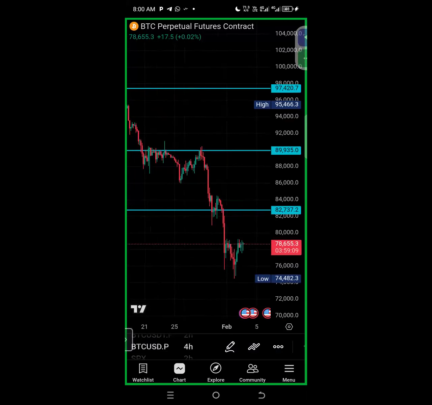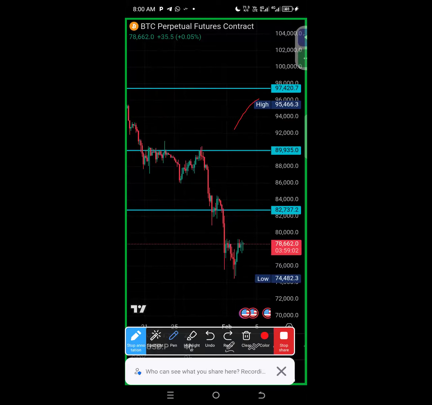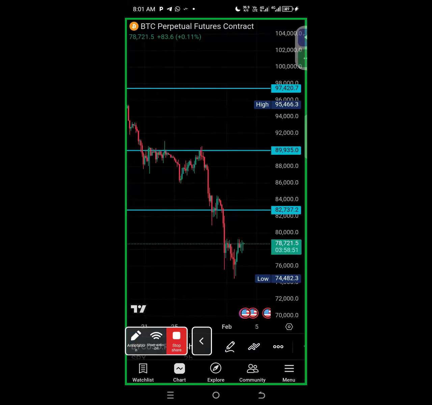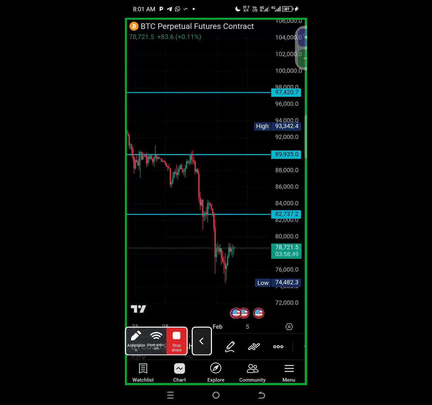Okay, so let me use this. You realize that after forming the swing highs, the equal highs and the equal lows here, look at it, the next thing that happened was the formation changed.